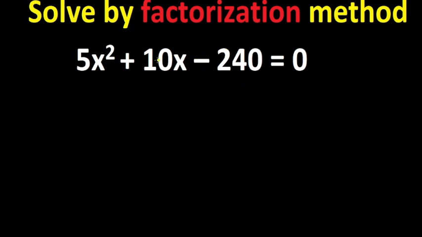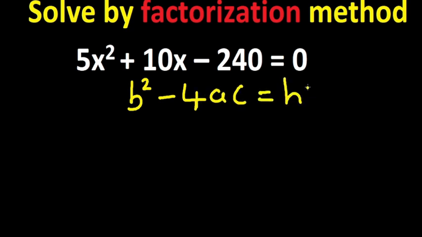If you have a quadratic equation and you want to solve it by factorization method, the first thing you need to do is to check if it can be solved by factorization method. We can do that by using this simple formula: b squared minus 4ac equals h squared.